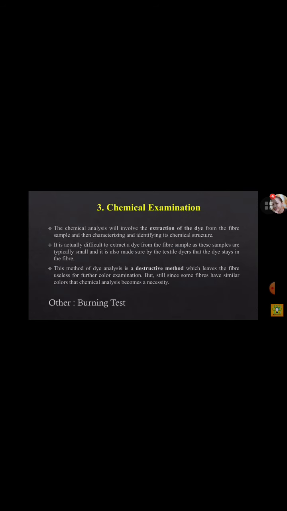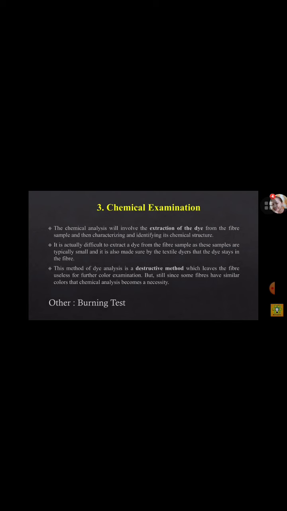Then, chemical examination. The chemical analysis will involve the extraction of the dye from the fiber sample and then characterizing and identifying its chemical structure. It is actually difficult to extract a dye from the fiber sample, as these samples are typically small, and it is also made sure by the textile dyers that the dye stays in the fiber.